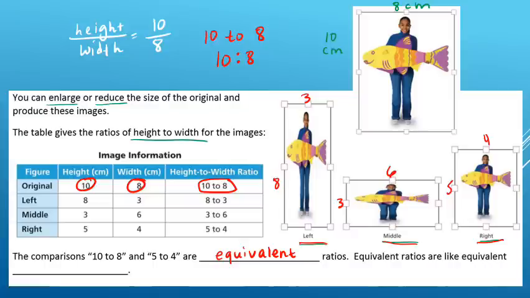These two look like they could be similar figures, related with a scale factor, versus the left and middle images, which look like maybe they were just stretched in one direction. Equivalent ratios, here 10 to 8 and 5 to 4, are like equivalent fractions. So we're going to review a little bit about equivalent fractions.